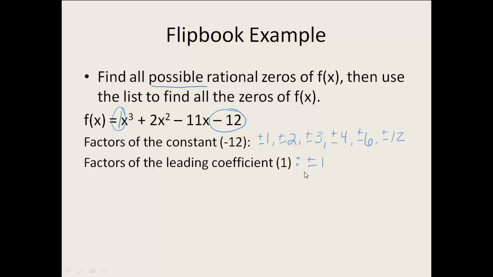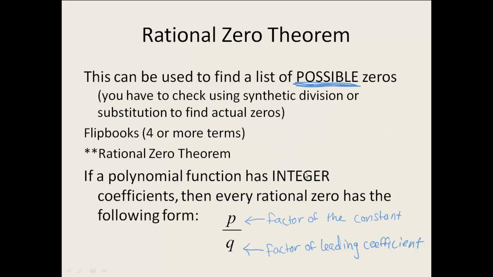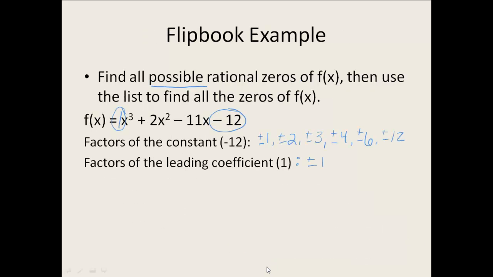So now I need to use the formula that we had on this last page right here, where it says to get my list, I take my factors of the constant and I put them over the factors of my leading coefficient. I've got to do that P over Q. So I'm going to take each one of these factors, 1, 2, 3, 4, 6, and 12, and I'm going to put it over each one of the factors of my denominator.